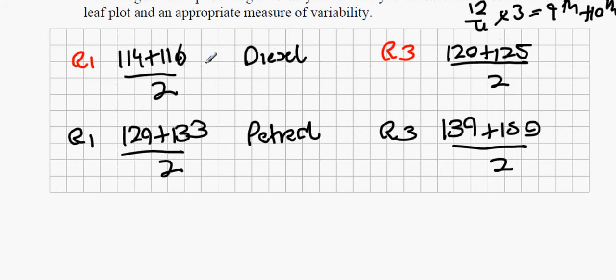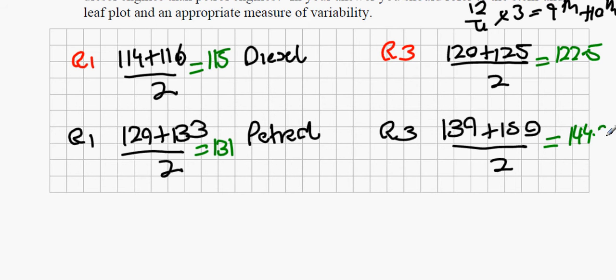So what we're going to get here is we just need to put these in. So that's going to be 115. This one's going to be 122.5. This one here should be 131. And this one here should be 150 plus 139, 144.5.